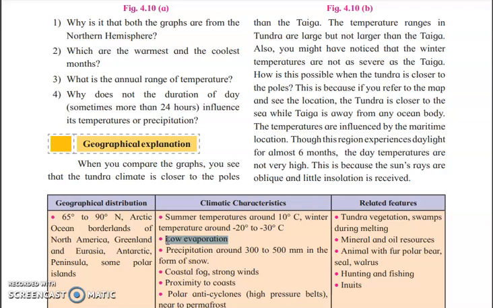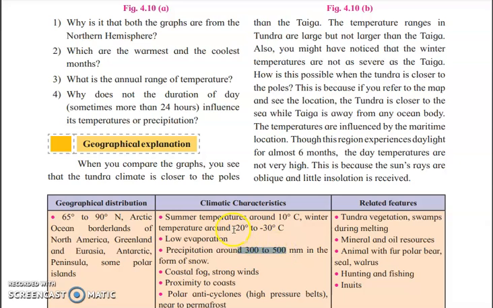If the summer temperature is only 10 degrees Celsius, then there is no evaporation. Precipitation can be in the form of rainfall or snowfall. Here it is basically snowfall, which is 300 to 500 millimeters.